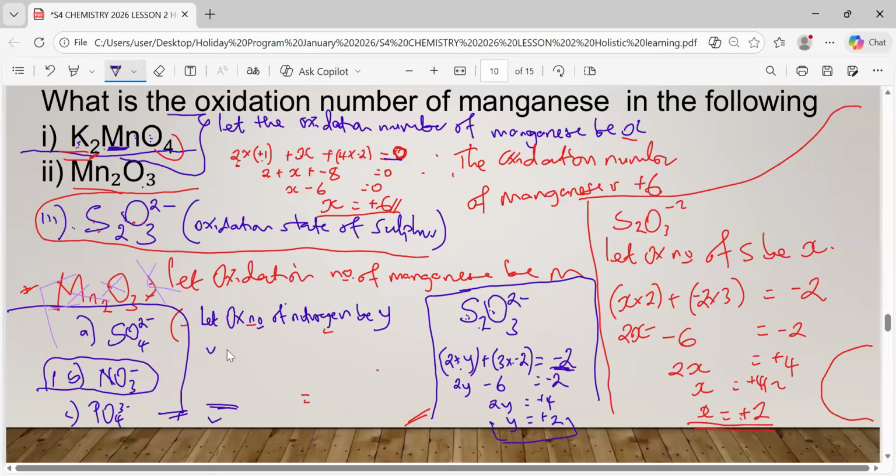So it becomes Y times 1 plus, what is the oxidation state of oxygen? What is the charge of an oxygen atom? What happens to oxygen for it to become stable?